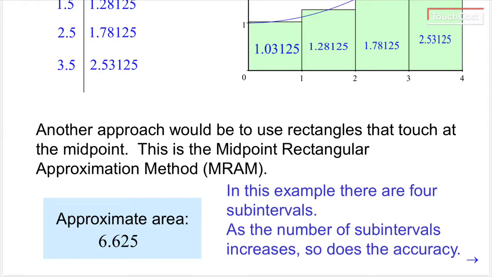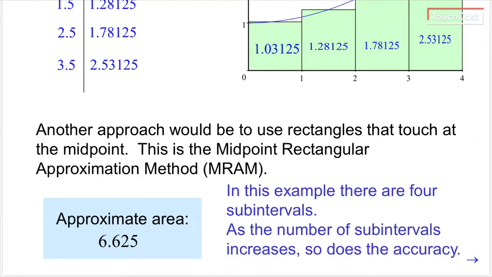So something else to think about, if I wanted a better estimate, I could use more rectangles. Instead of saying, okay, between times 0 and 4, I'm going to use 4 rectangles, I could make 8 rectangles, right? I could make one rectangle for 0 to 0.5 and another rectangle from 0.5 to 1 and then another rectangle from... In fact, I think that's what I have on exactly the next line.